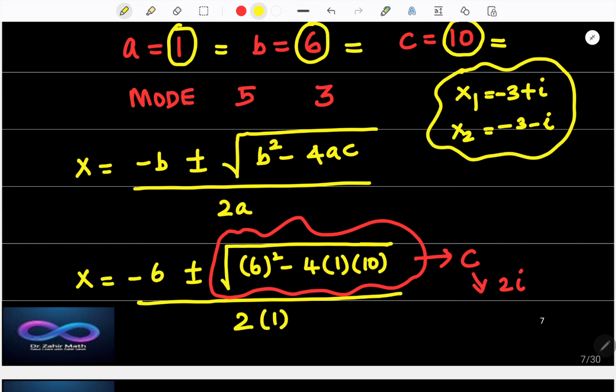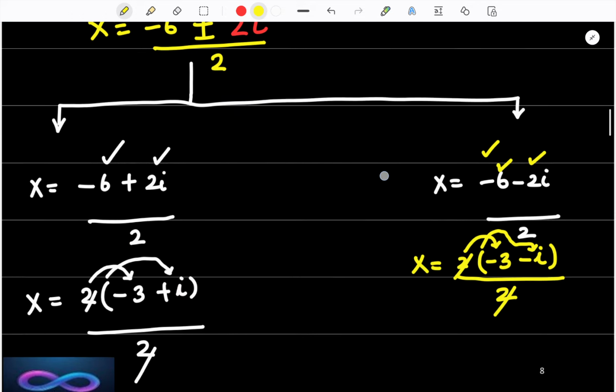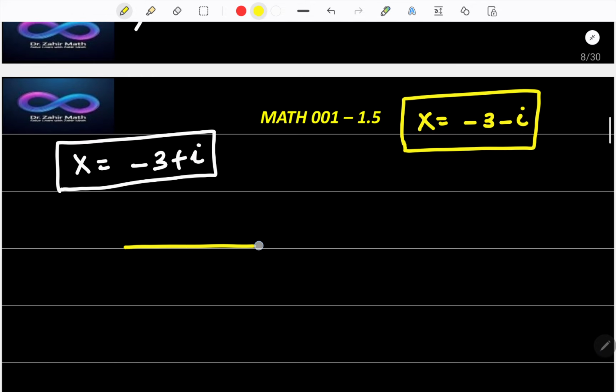Clear everybody? So this finishes your exercise 1.5. It's a very small exercise and also very, very easy, right? So we have completed all the questions on complex numbers. You saw how easily we can handle all these operations using the complex mode in the calculator.